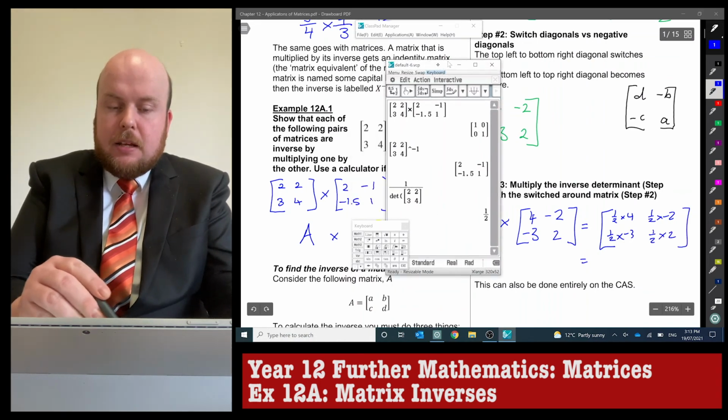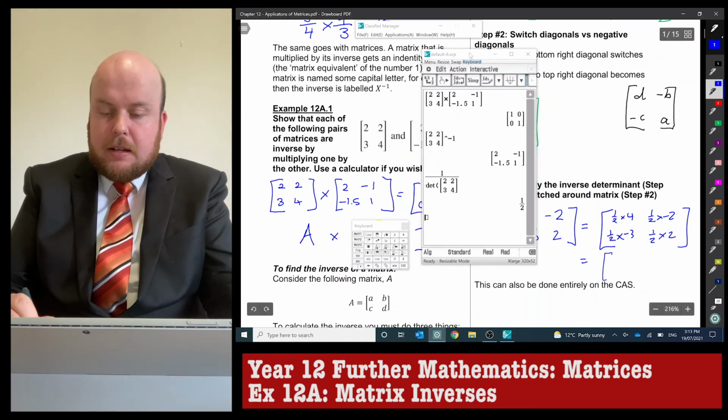And ta-da, you will have that inverse that we had before, 2, negative 1, negative 1.5, and 1.